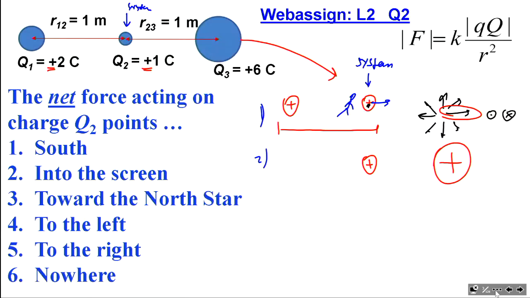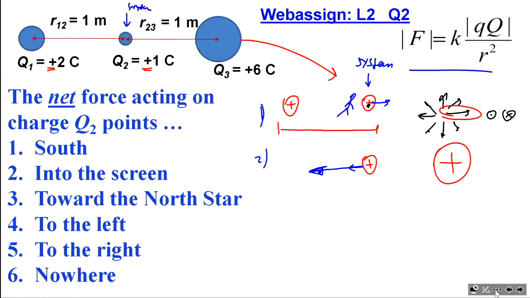And now, of course, we have to draw it to the left. But if I would finish it like this, would it be representing the situation? No. Clearly, according to Coulomb's law, the second force should be stronger and the arrow should be longer.